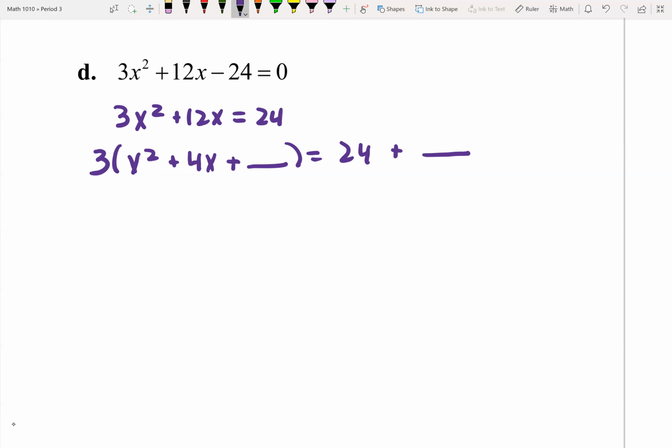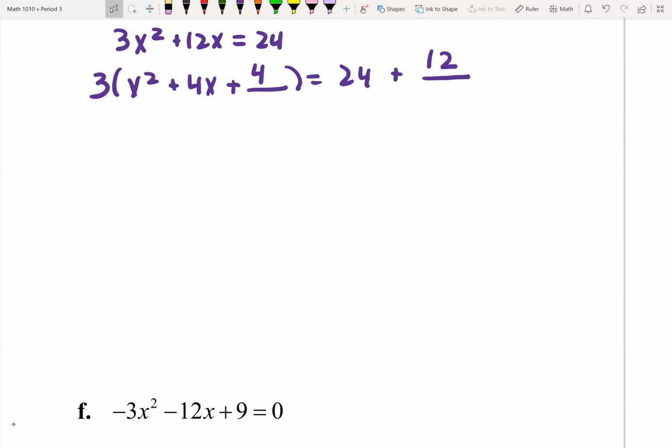By what? 2. And what do you get? 2. And then you square. And you get 4. So your first blank is a 4, right? Rebecca, what's my second blank going to be? 12. It's going to be a 12. Tell everybody why that's a 12 and not a 4. You have to multiply by what you took out.